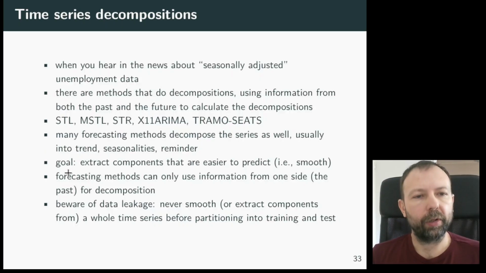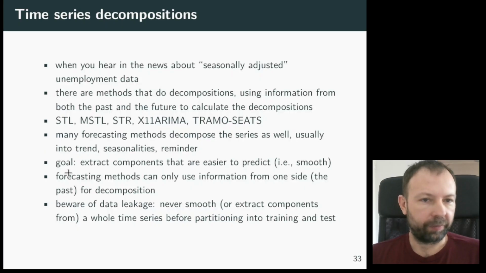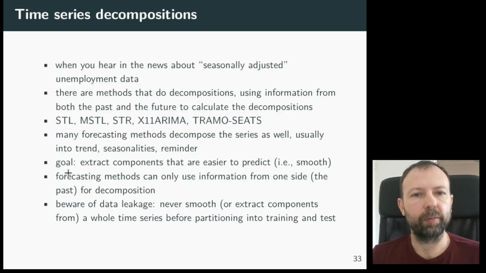And now it is important to understand that many forecasting methods decompose the series as well into trend, seasonalities, and remainder, but it's a bit different here. Their goal is to extract components that are easier to predict, and they're easier to predict because they are smooth. But forecasting methods can only use information from one side, from the past, right?